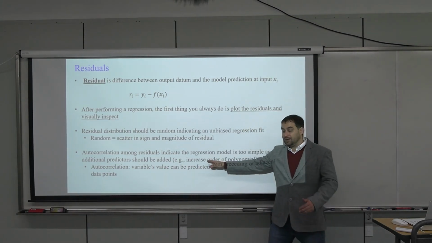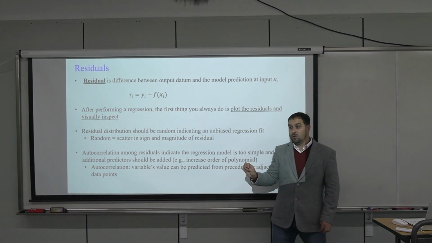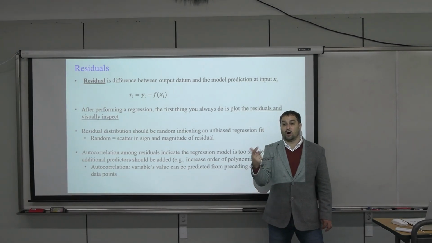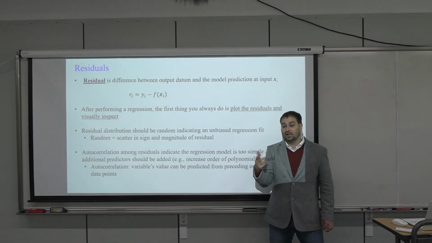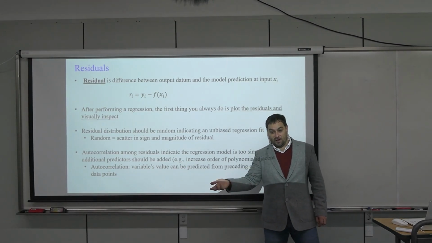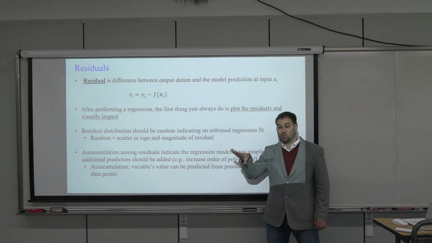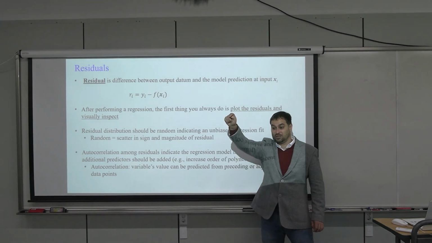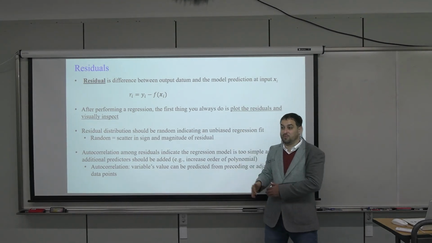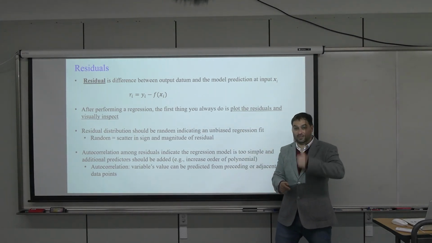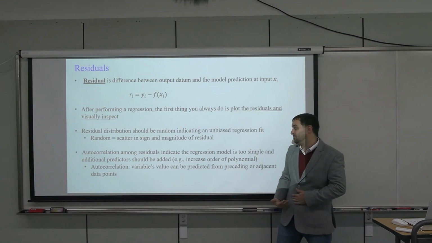So for example, increasing the order of polynomial. We did the first order and then quadratic fit to the sine function, and then we did the cubic fit, okay? And so the residual sum of squares plot showed us that going from quadratic to cubic was a huge improvement. The residual analysis will tell us that same information.